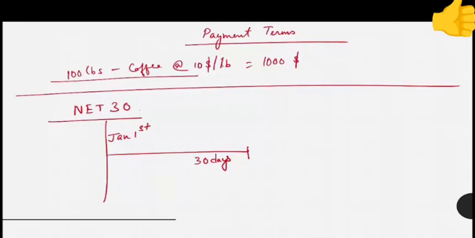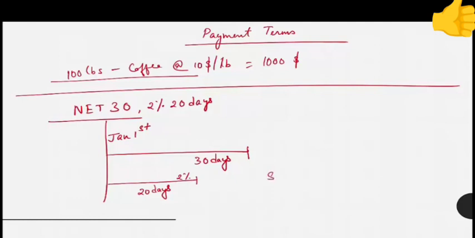Example, net 30, 2% 20 days. This is another example of payment term. What this means is, if you pay within 20 days, you get a cash discount of 2%.